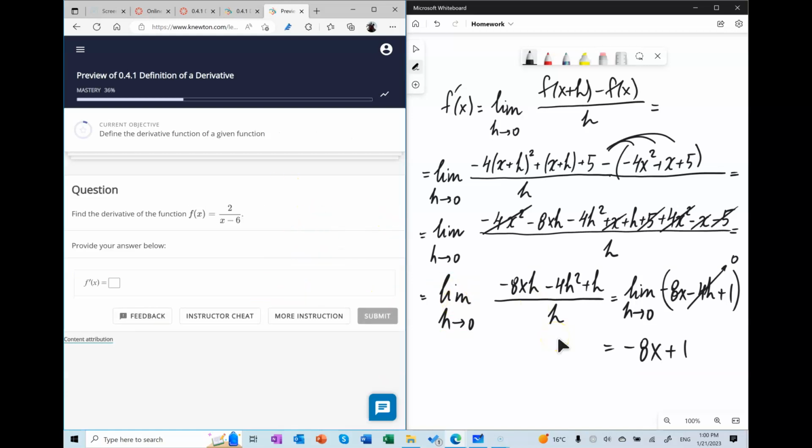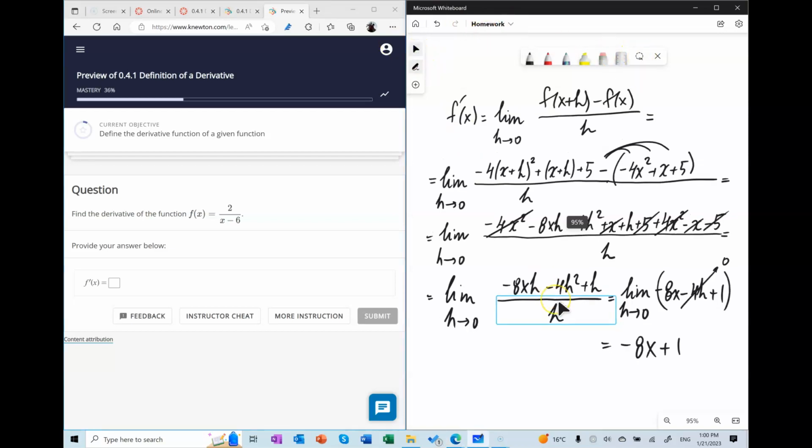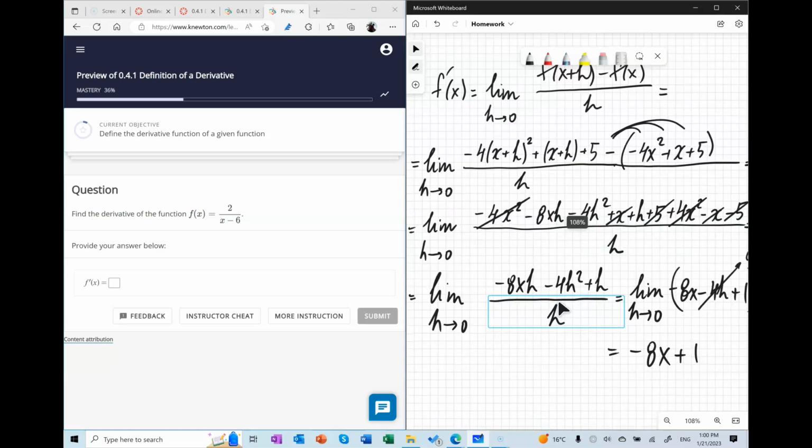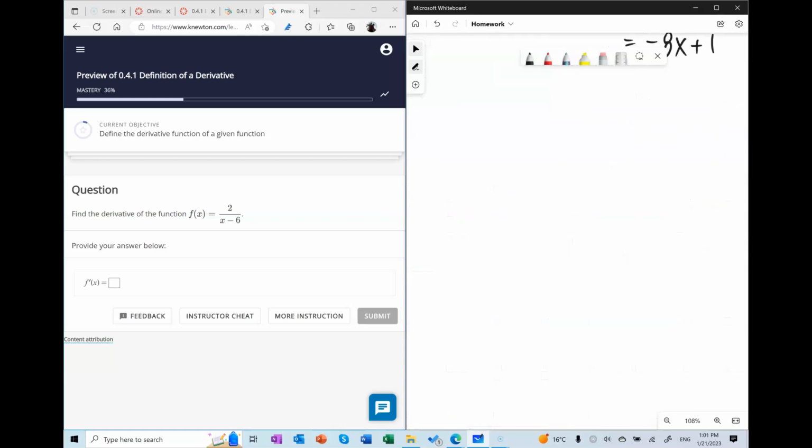Another one, they want us to use the definition. So let's scroll this down and let's find this derivative using the definition.